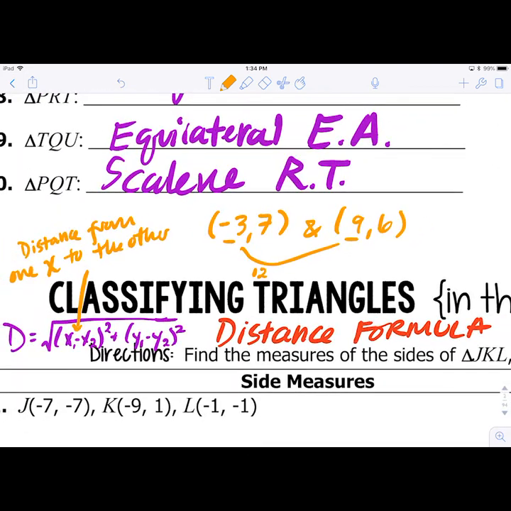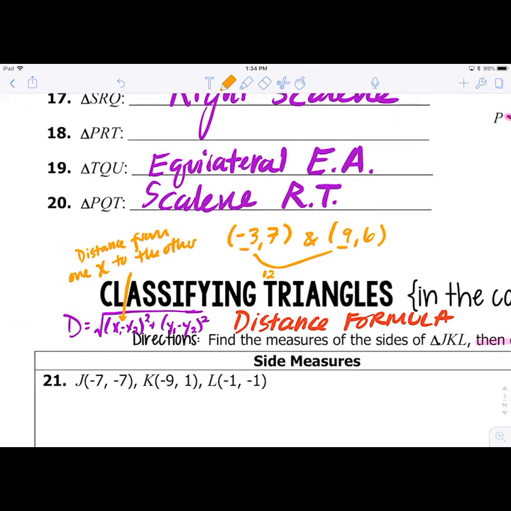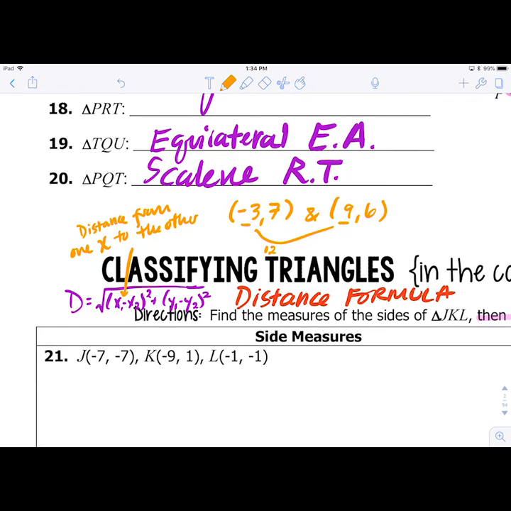So I could just plug that in, 12 squared, boom. It doesn't matter if it's negative or positive because once you square something, it's always going to be positive regardless. Same thing with the y's. I'm not going to spend time going over that. But the distance in these y's from 7 to 6, they're just 1 unit apart. So you would just square that and then you're good to go.